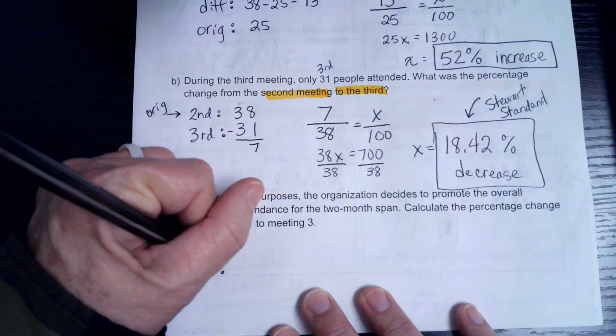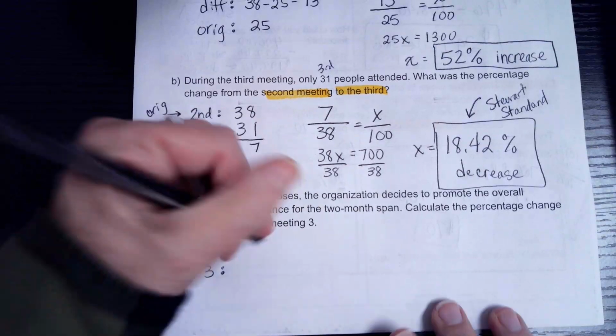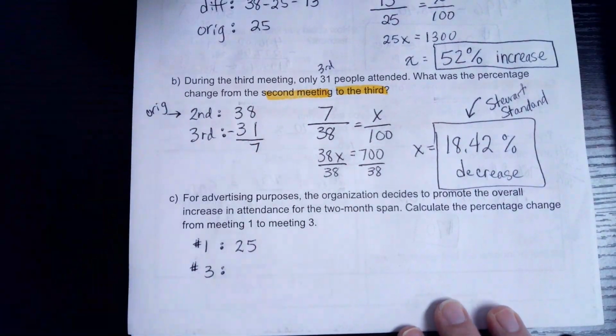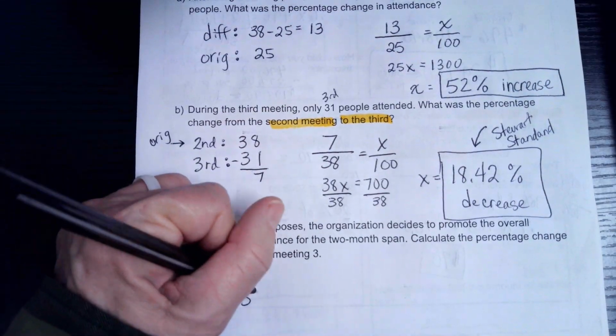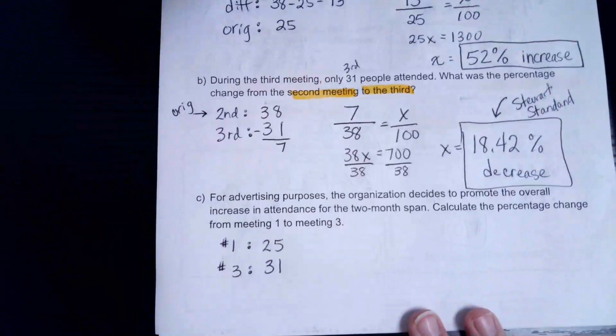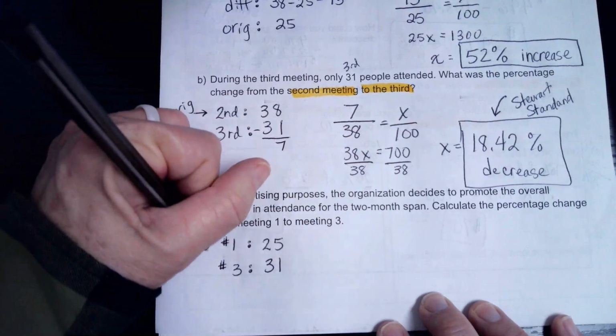So what was the attendance at meeting number 1? 25. What was the attendance at meeting number 3? 31. Which one of those is my original? How did you know that? It's what happened first, the original.